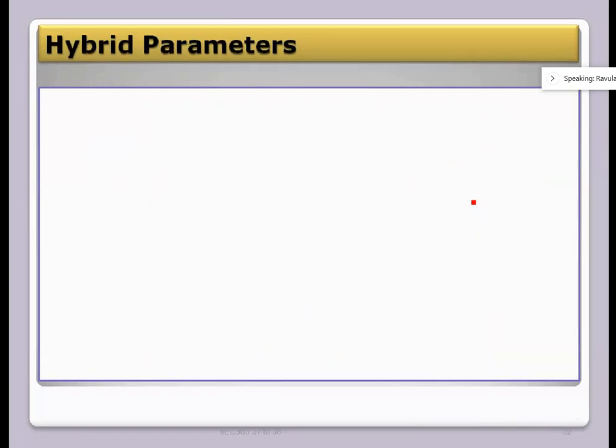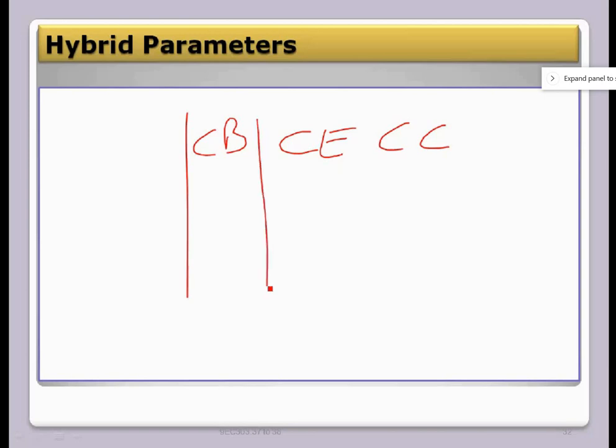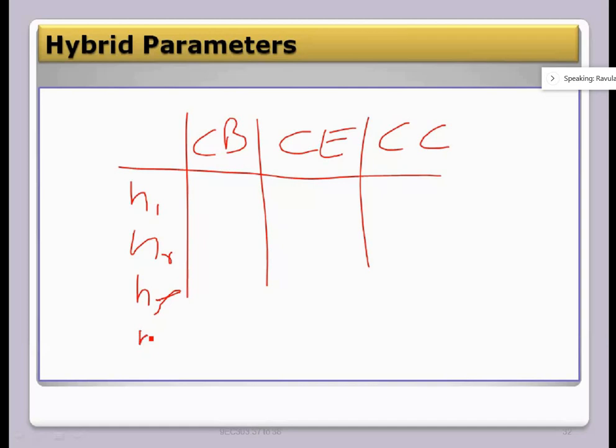And also write this table for common base, common emitter and common collector. Draw a separate table for CB, CE and CC, with HI, HR, HF and H naught.